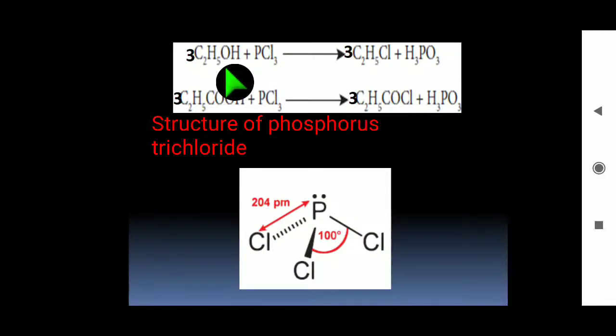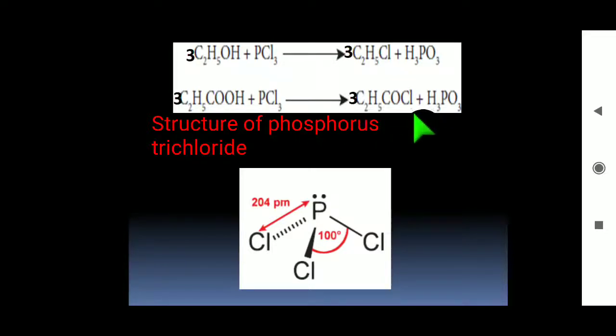As I told in the previous slide, in the place of hydrogen C2H5 is here. Product side also, in the place of hydrogen C2H5. So the balancing equation is also the same as what we have seen. Here the propionic acid C2H5COOH. Propionic acid reacts with phosphorus trichloride.